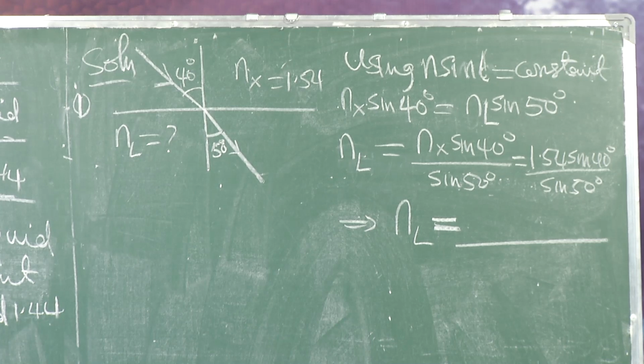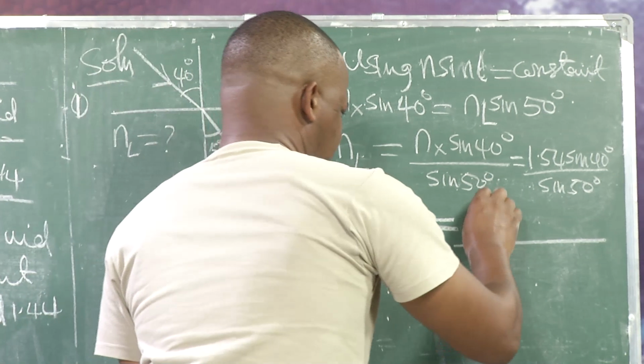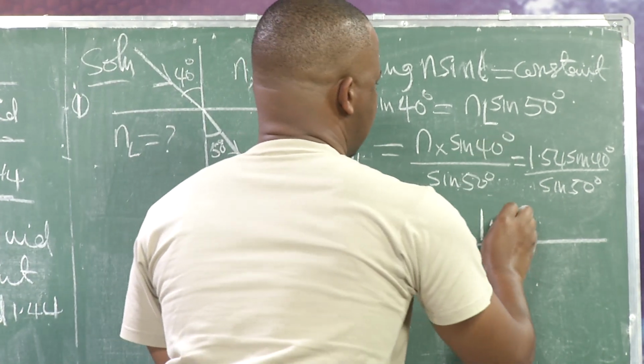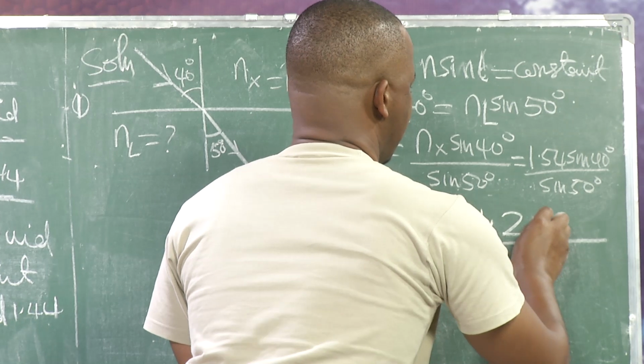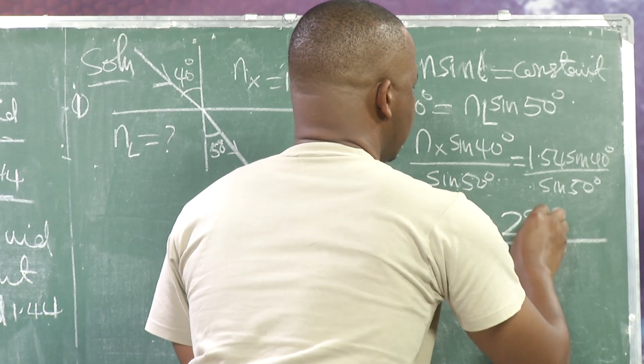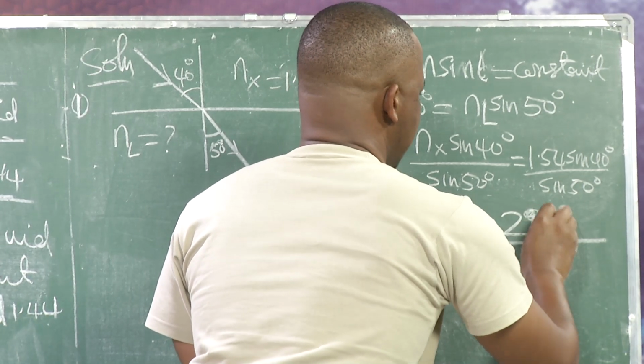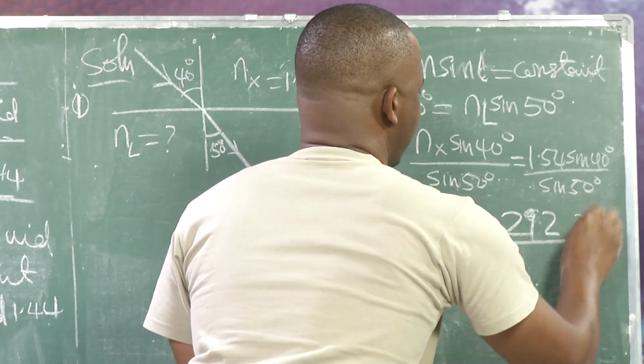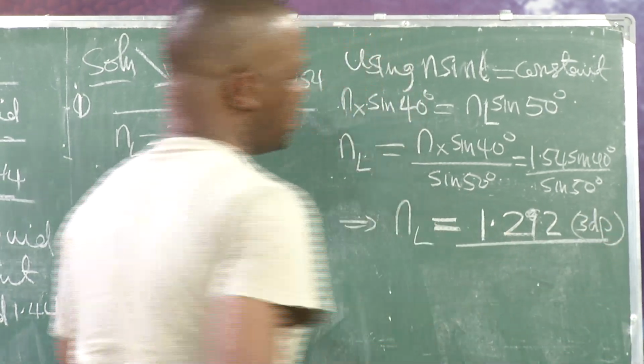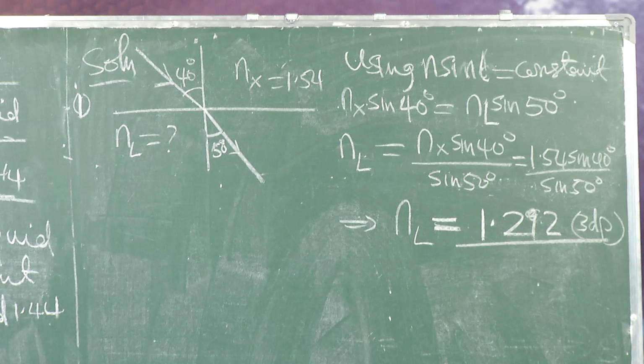When you substitute, to 3 decimal places, those who are finished computing, I expect you to have a value of 1.292 if you recorded to 3 dPs.